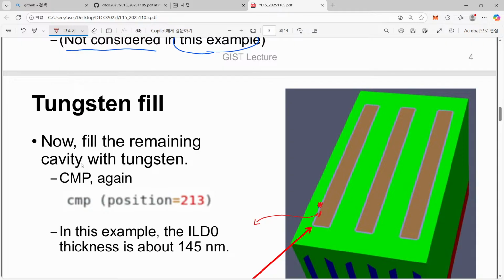In some cases we can have just pure titanium nitride, and with additional adjustment, we can have a thicker and thicker one. So in reality we have to have it. However, in this structure generation we don't care about it, and just tungsten is filled over this entire structure.